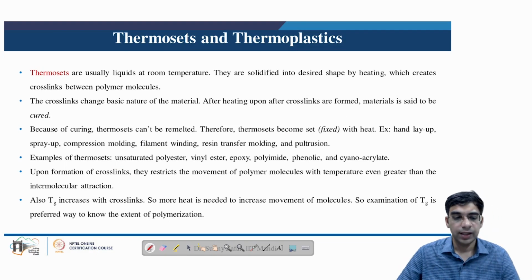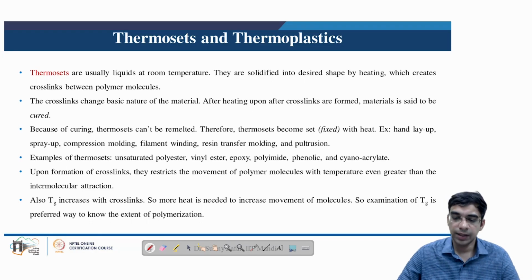Thermosets are usually liquid at room temperature. They are solidified into the desired shape by heating, which creates crosslinks between the polymer molecules. So crosslinking changes the basic nature of the material. Upon heating, as crosslinks are formed, the material is said to be cured. Because of curing, thermosets cannot be remelted.